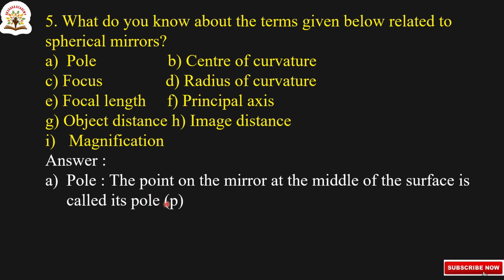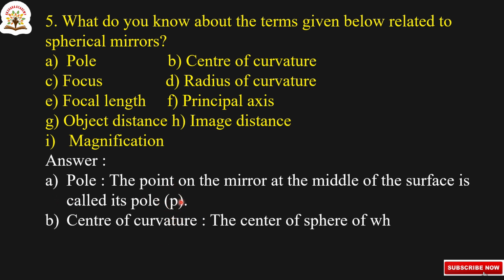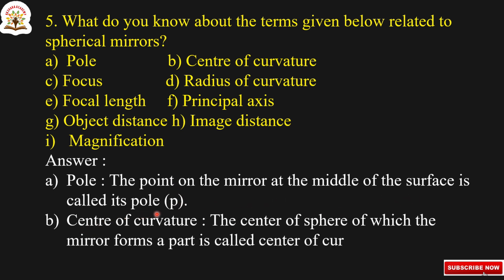Pole. The geometric center of the spherical mirror is known as pole, or the point on the mirror at the middle of the surface is called its pole. It is represented by letter P. Next, center of curvature. The center of a sphere of which the mirror forms a part is called center of curvature.